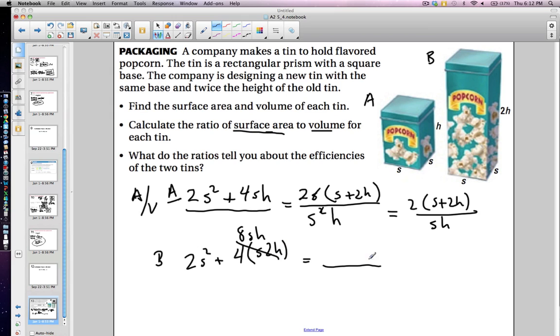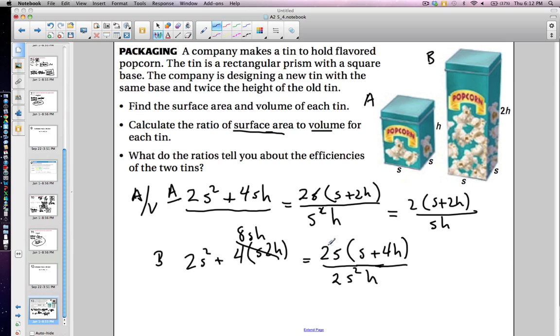When I factor that, I can factor a 2s out of this. So that's 2s times (s plus 4h). And then when we talk about the volume, it's going to be s times s times 2h, so it's going to be 2s squared h.